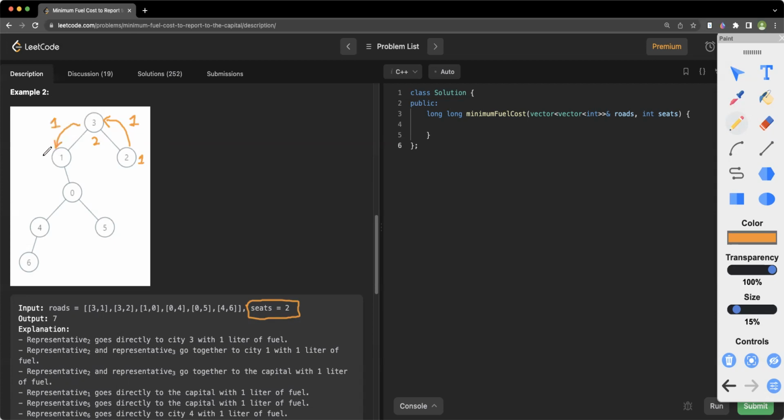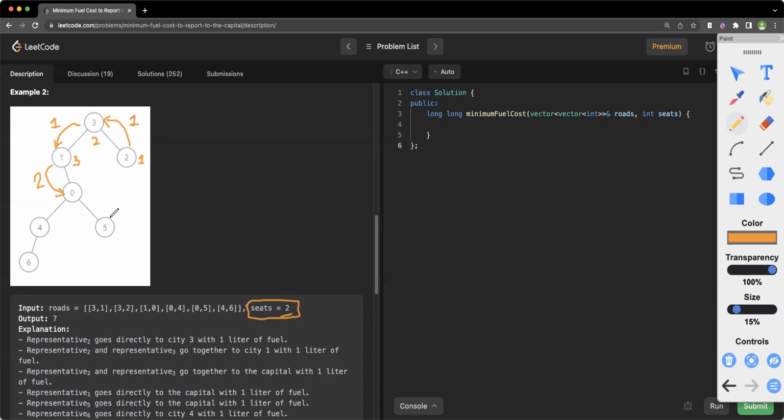We require only 1 liter of fuel to come from 3 to 1. Now at 1, how many representatives will we have? 2 representatives coming from city 3 and 1 representative of city 1. In total we have 3 representatives, but the number of seats in the car is 2. So we require 2 cars to get all the representatives from city 1 to 0. The cost will be 2 liters.